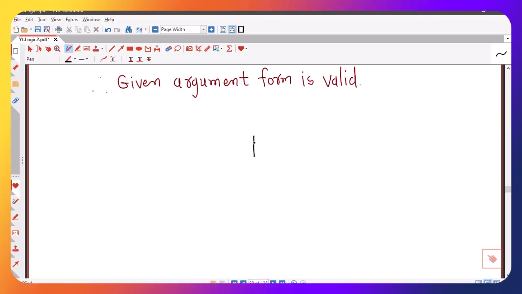So we will remember this is another rule of inference for propositional logic, and it says that whenever P implies Q and Q implies R are true, then P implies R is also true.